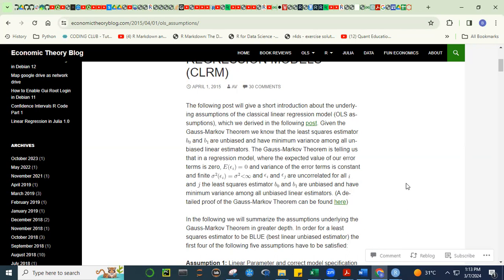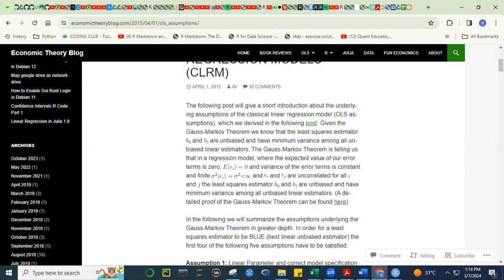It is a big issue if the data is time series, because time series data follows a certain arrangement that cannot be changed. In cross-sectional data, it doesn't matter if we shuffle the data. So in the classical linear regression model, the OLS, based on the Gauss-Markov theorem, our parameters, the slope and the intercept, are unbiased, as we said, and have minimum variance.